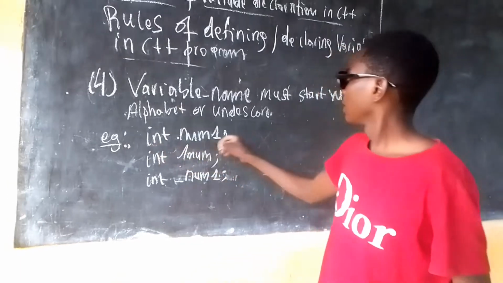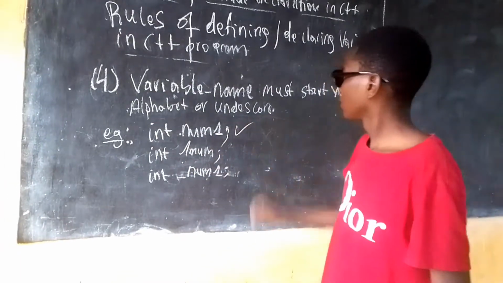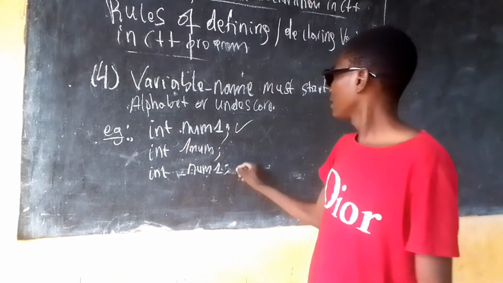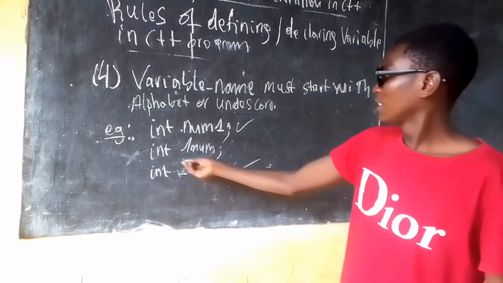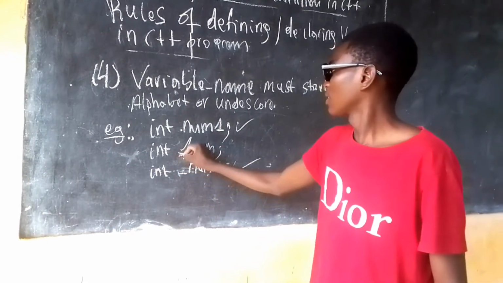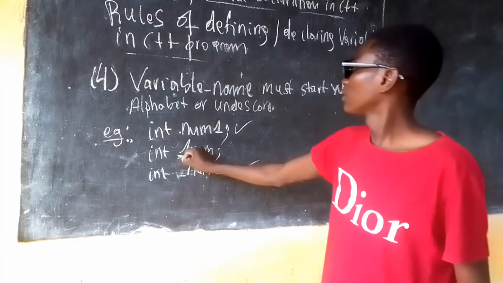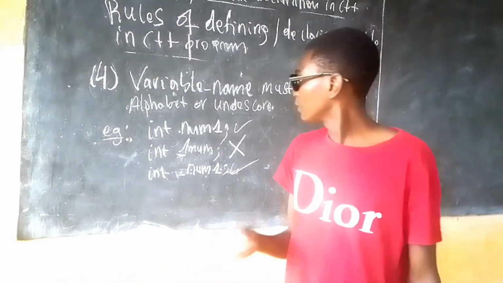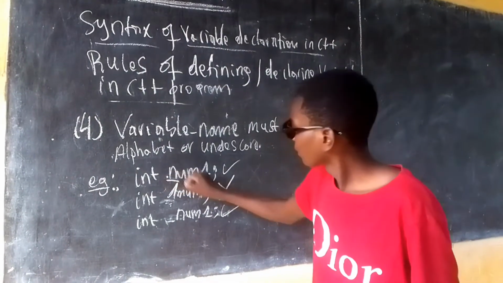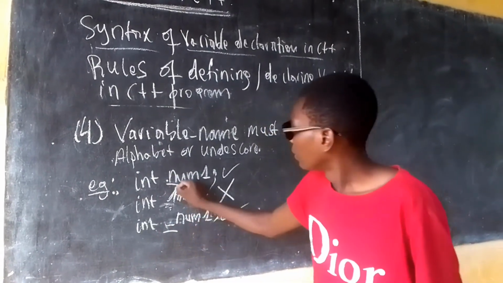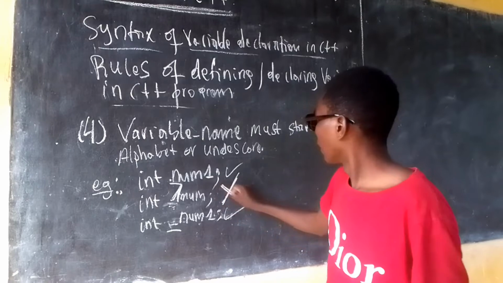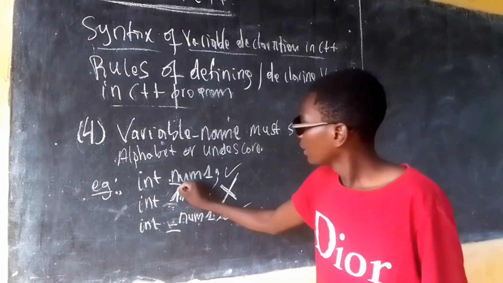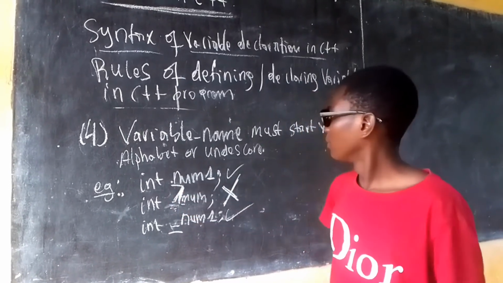This variable creation is allowed. Also, this is allowed. You see, here we have started with 1 as a digit, so this is not allowed. A variable name must start with an alphabet or underscore. Digits can be used but cannot start a variable name.